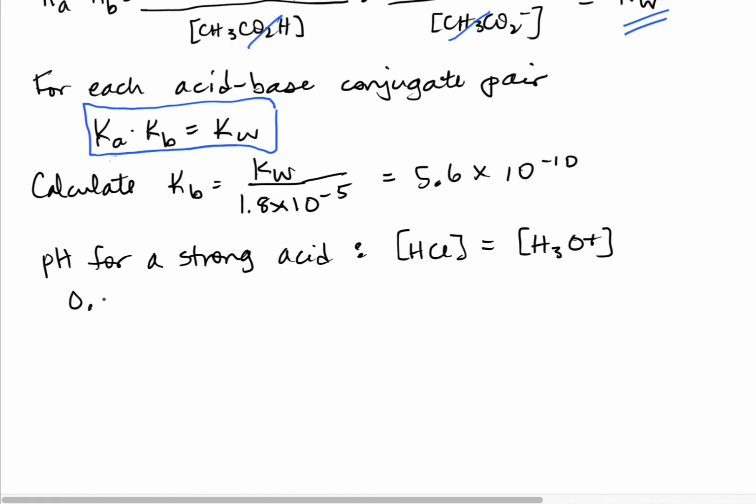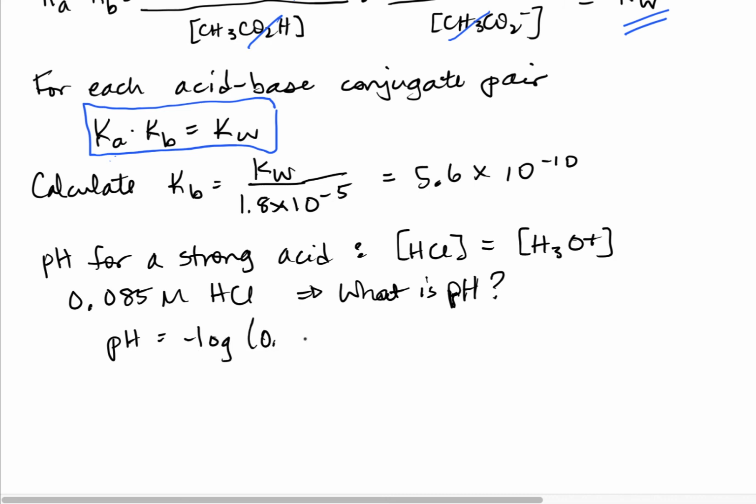So if I say that I have 0.05 molar HCl and I want to know what the pH is, then I simply calculate minus log of 0.085. And when I punch that into my calculator, I get 1.071.